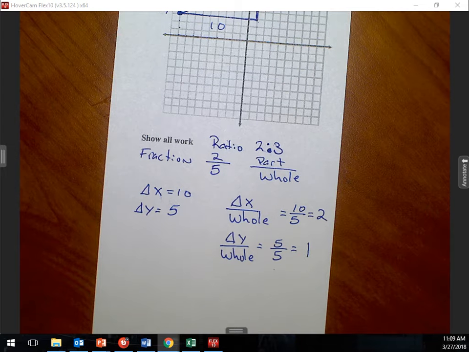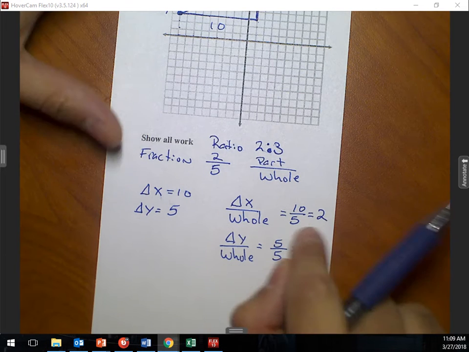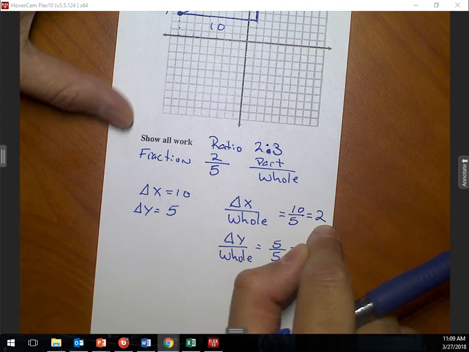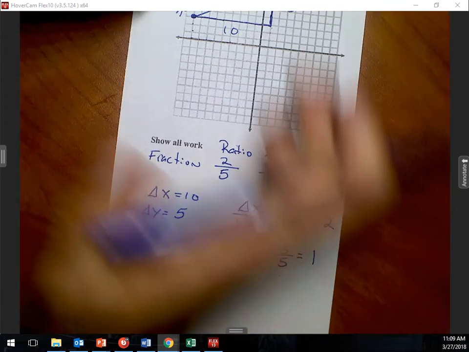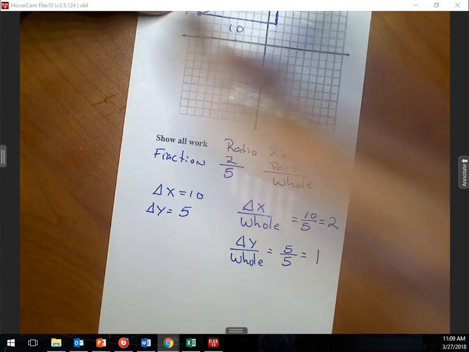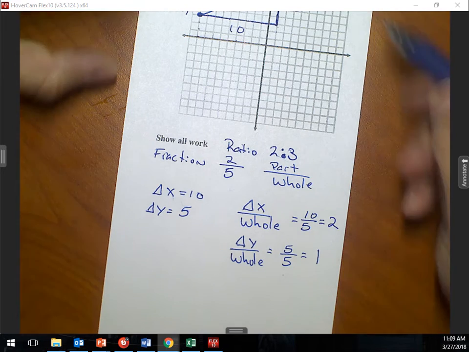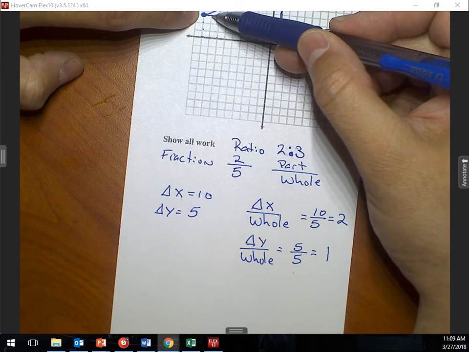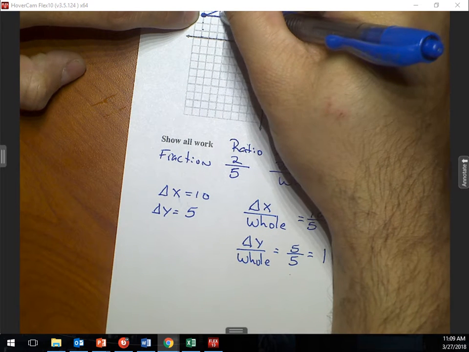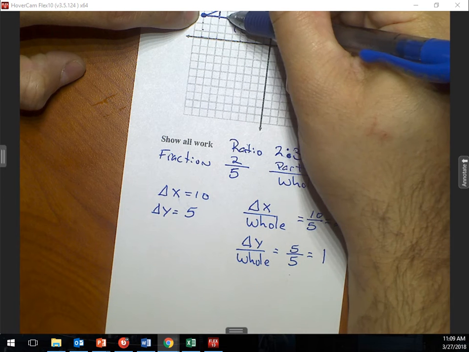Okay, you ready? So now, that means that for my delta x, every 2, we always read from left to right. Every 2, I'm going to put a line. So starting here, let's count over. 1, 2. Again, 1, 2.